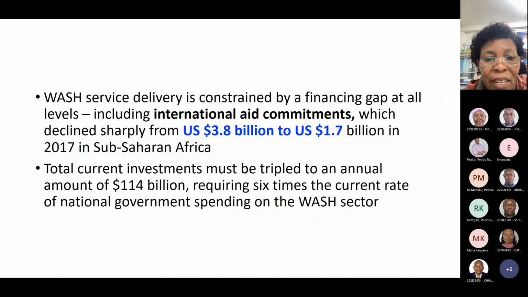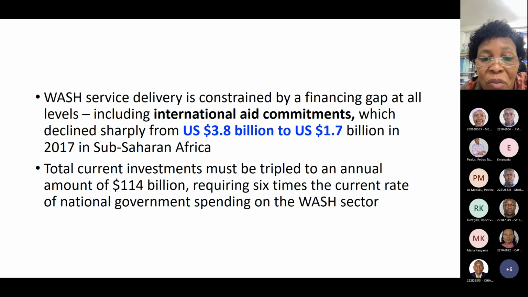So in WASH service delivery, the constraint is the financial gap at all levels. Of course, maybe two slides before this one was focused on Africa, but literature informs us that the financial gap and constraint include even those of the international aid commitments.